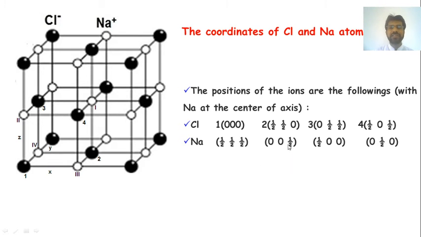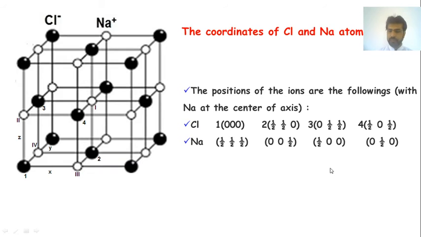So its xyz coordinates are 0, 0, 1/2. In this way, we can do the same for the third sodium atom and the fourth sodium atom. So in this way we can find the fractional coordinates of the chlorine and the Na atoms in this unit cell.